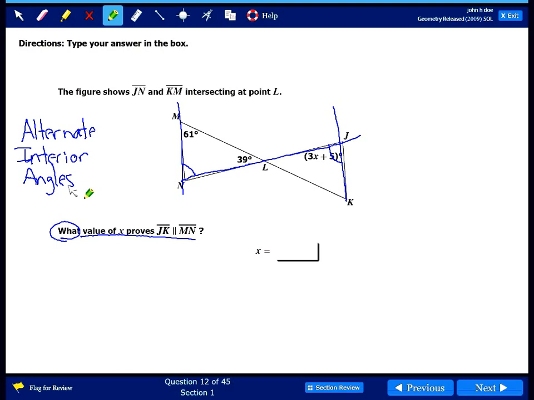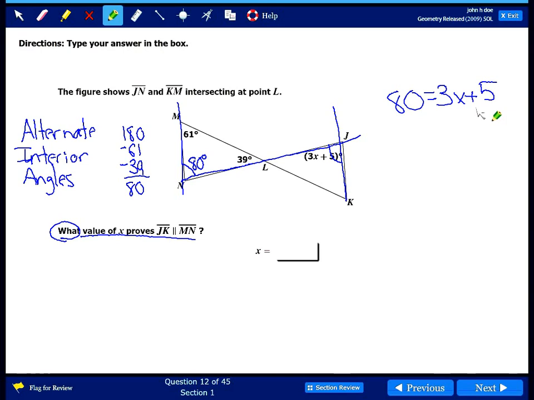So that last angle has to be 80 degrees because all three angles need to add up to 180. So I got that from 180 minus 61 minus 39, which is 80. So then I have to type in 80 is equal to 3x plus 5.